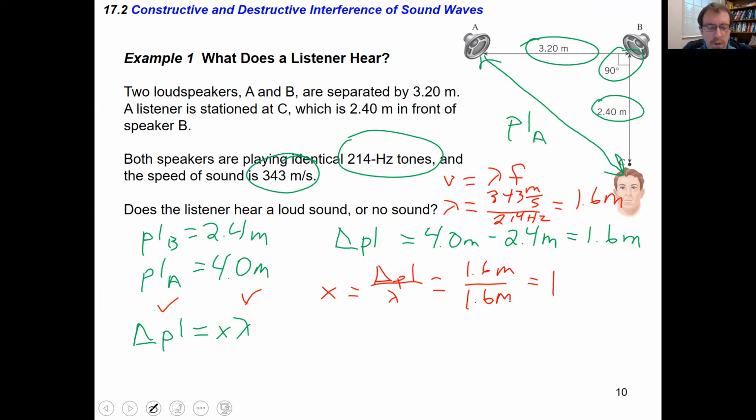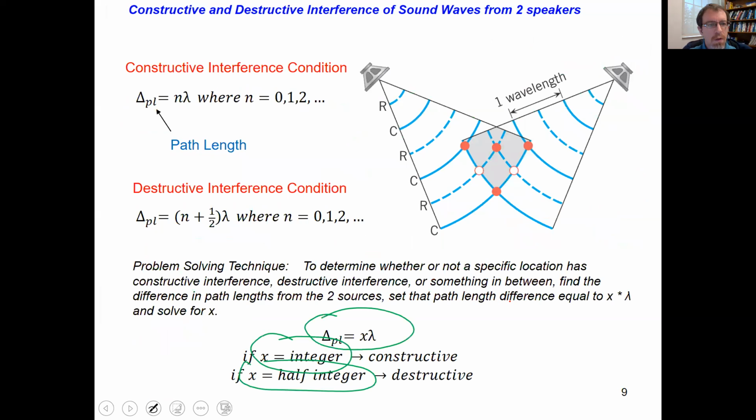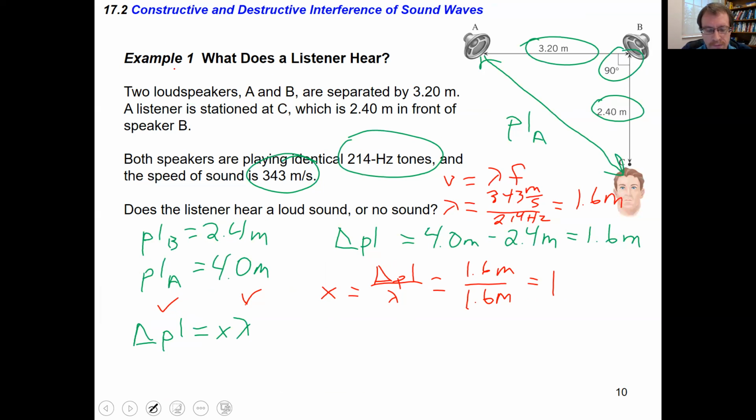Oh, x is 1. Okay. So then I think about the condition for constructive interference. If the thing that's multiplying my lambda is an integer, then it's constructive interference. Cool. So that means that I've got constructive interference in this case.